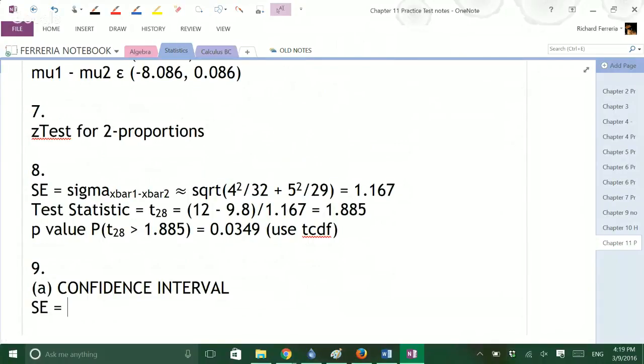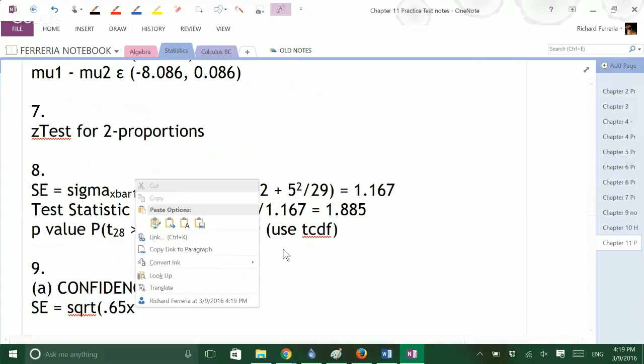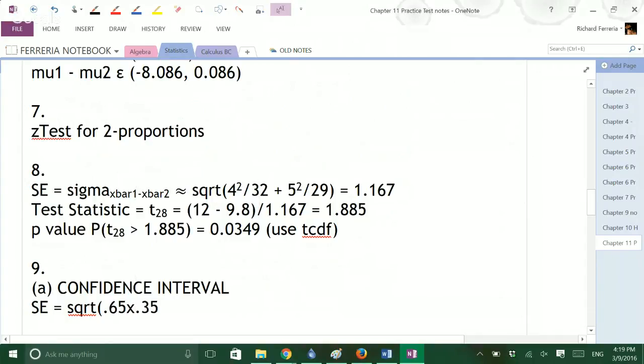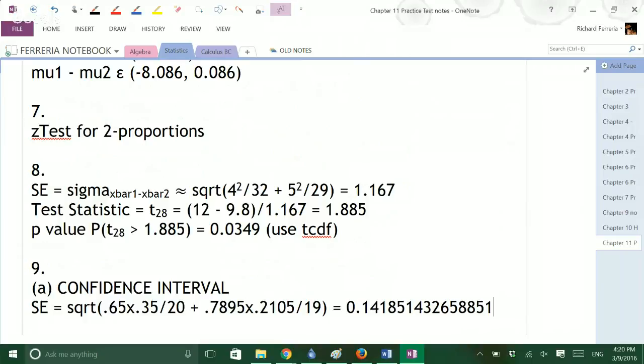So standard error is going to be equal to the square root of, 13 out of 20 is 0.65. 0.65 times 0.35 out of 20 plus 15 out of 19, 0.7895 times 0.2105 divided by 19. What's that? 0.1419.